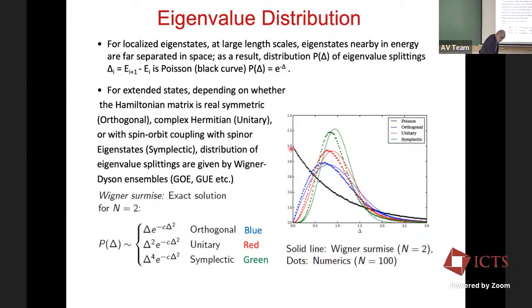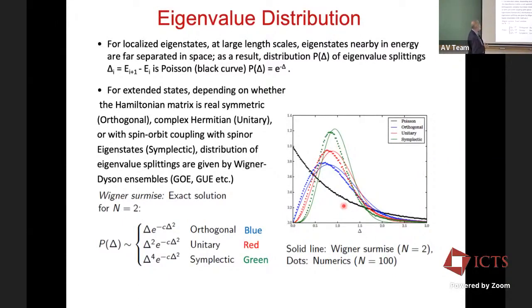This is the distribution of nearest neighbor eigenvalue spacings. There is a curve there, which is the Poisson curve, and then there are some dots, which are a numerical simulation of, I believe, 100 by 100 matrices, done by my student.